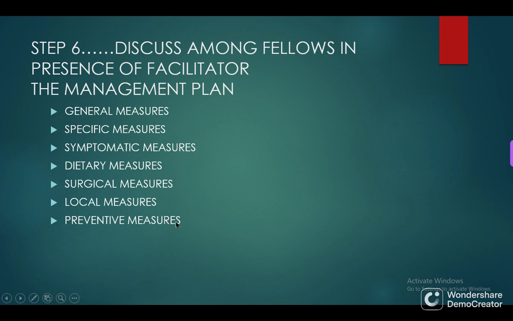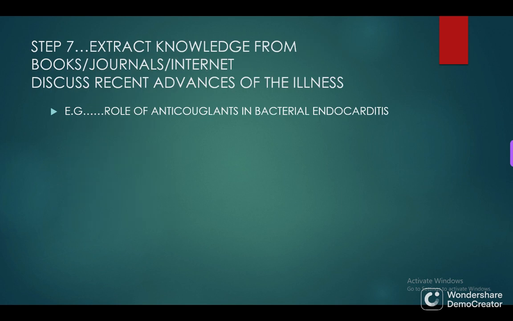It should be given 1.2 million per month to save the other valves. Another preventive measure is drug addiction. For the drug addiction, you have to take help from the psychiatry department or psychological department.